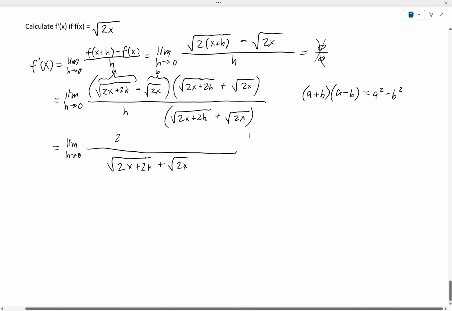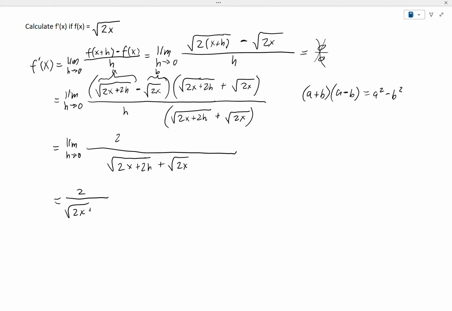Okay, let's see what happens if we plug in 0 for h and we try to do the limit the way we originally tried to. We're going to get 2 over root of 2x plus 0 plus root of 2x, which is just equal to 2 over 2 times the root of 2x, which is just equal to 1 over the root of 2x.